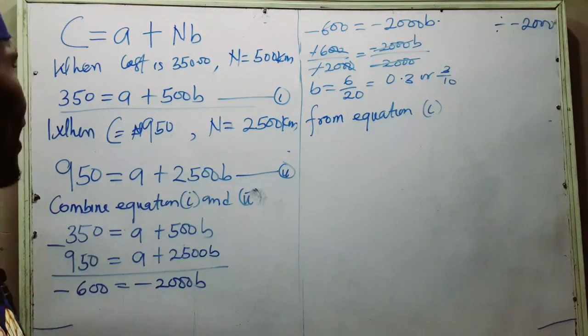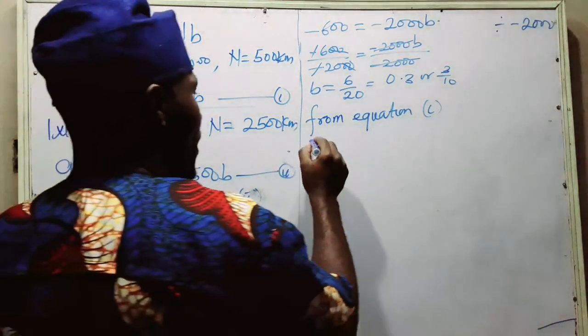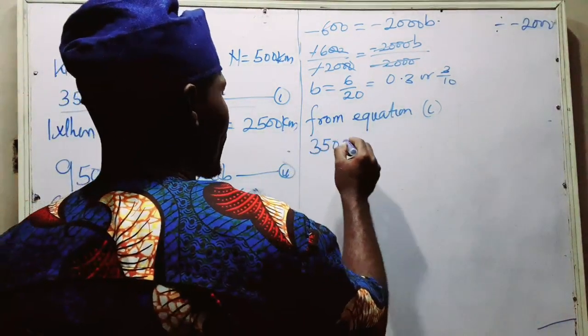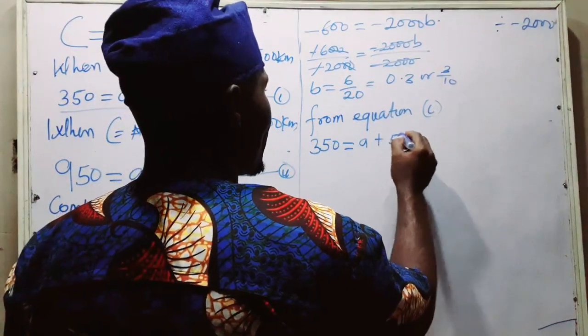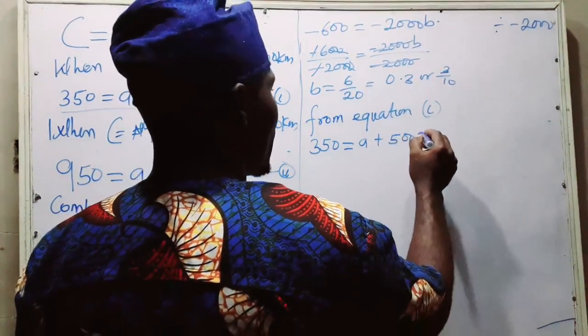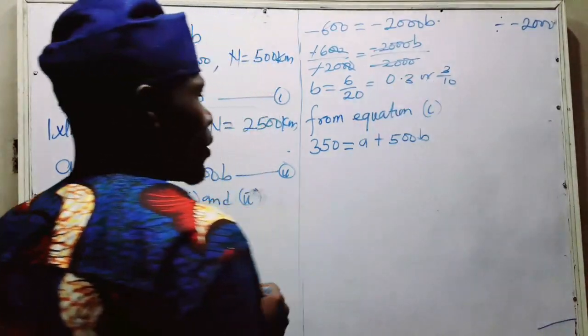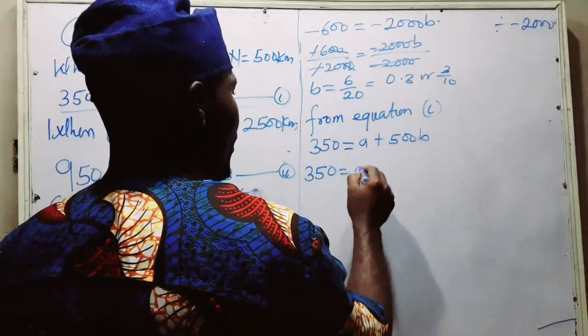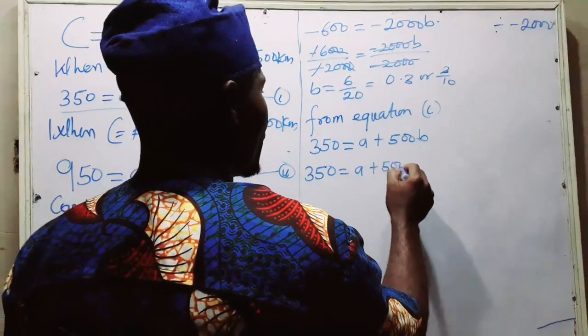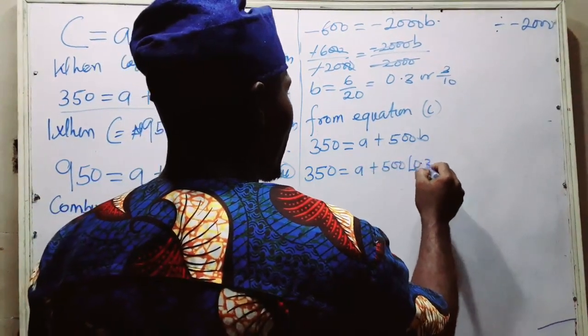So we have 350 is equal to A plus 500B. So we have 350 is equal to A plus 500 times 0.3.